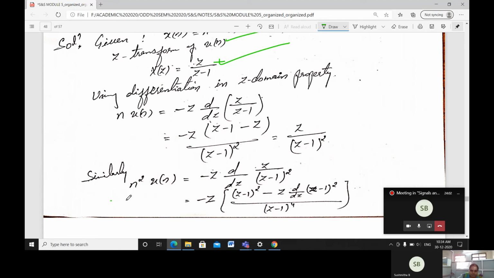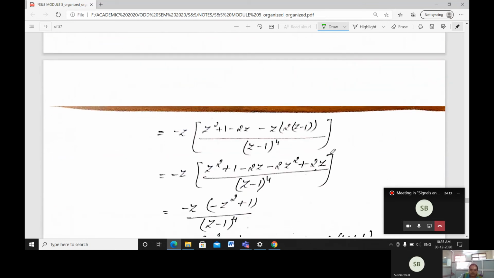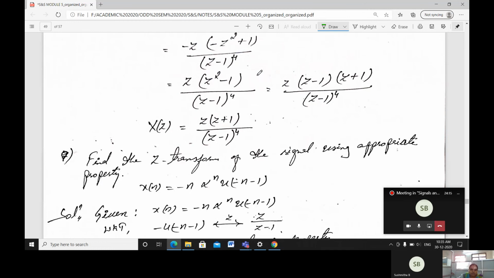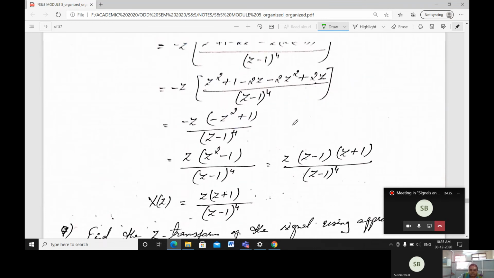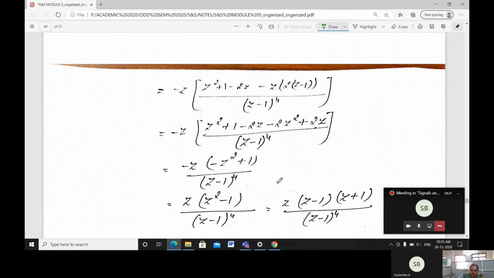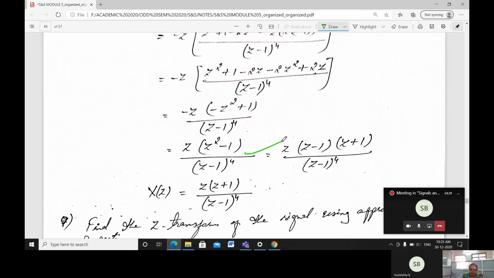Again one more time, because n square is there, minus z differentiation of this, that is z divided by z minus 1 whole square. If you do the differentiation and go on simplifying, you'll get z into z plus 1 divided by z minus 1 whole power 4. Simplification is easy, as much as possible you go on doing.